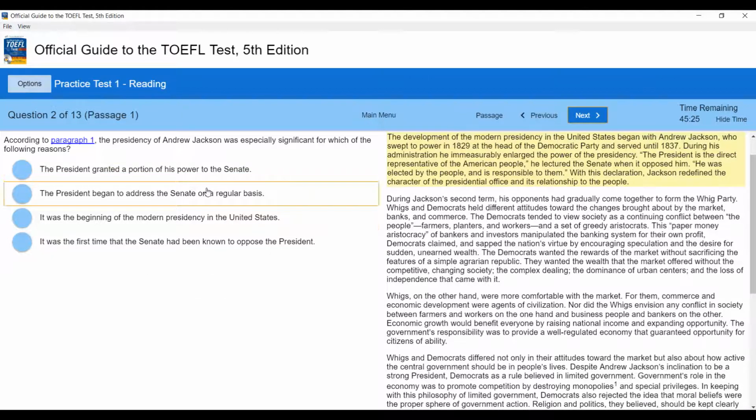So you can have ideas that are changing the meaning, changing the relationship between those words, maybe taking a direct quote and distracting the student. And lastly, this one, it was the beginning of the modern presidency. That is a correct detail I would put there. Okay.